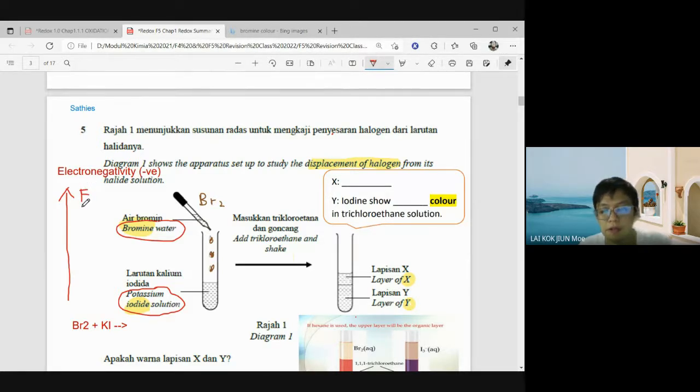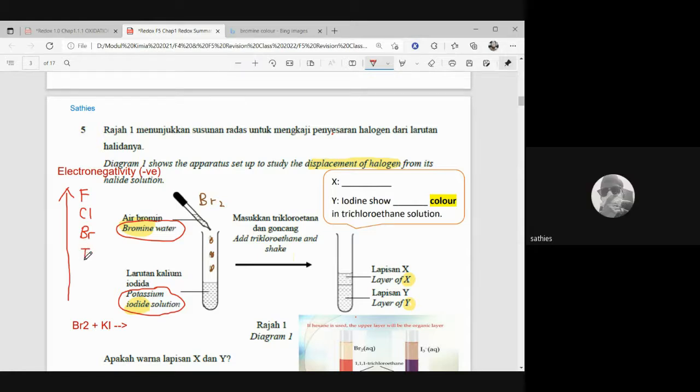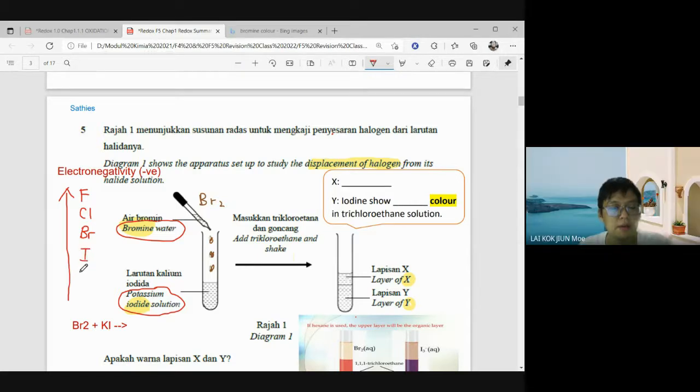Betul. After fluorine apa? Yang lepas tu chlorine. After chlorine ialah bromine. Yes, ada kawan yang sudah hafal, ini bagus. After bromine, iodine.